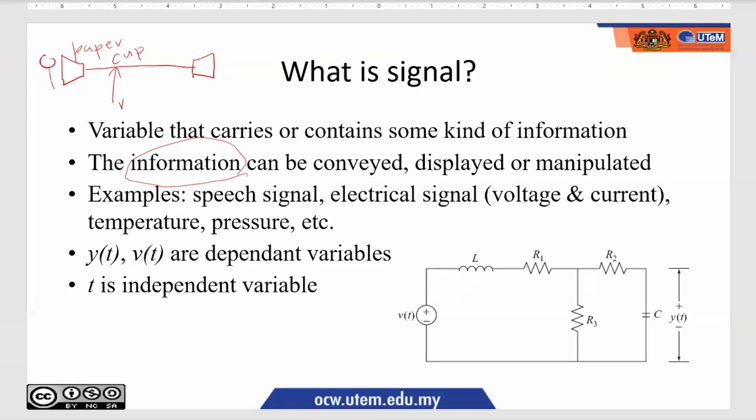This one is one person and this one is another person. This one says hello, and this guy will hear hello, right? That would be a signal. A signal is basically something that can be conveyed, meaning there will be movement from A to B, or C or D, or X, Y.